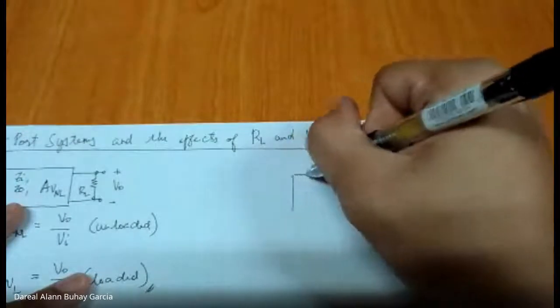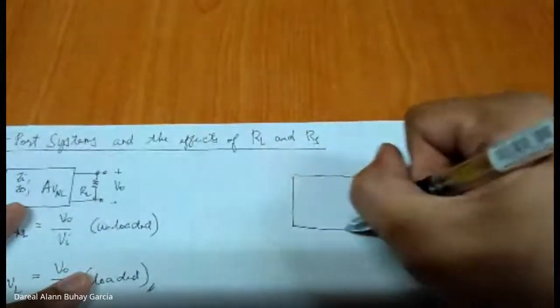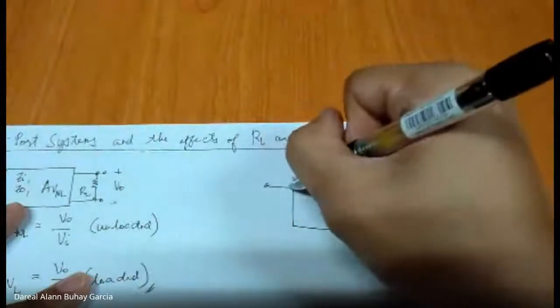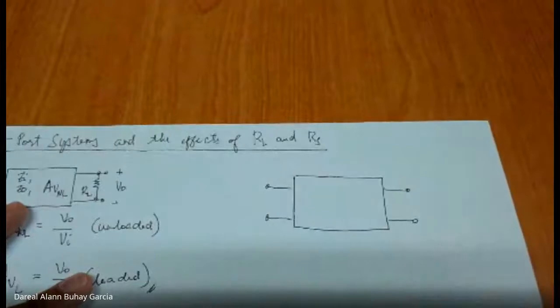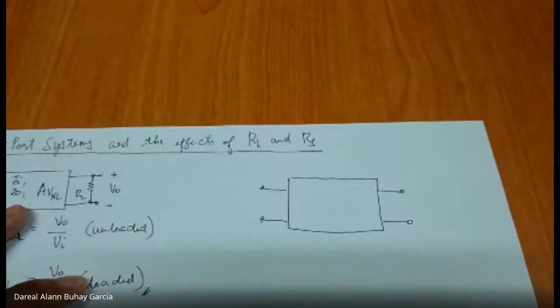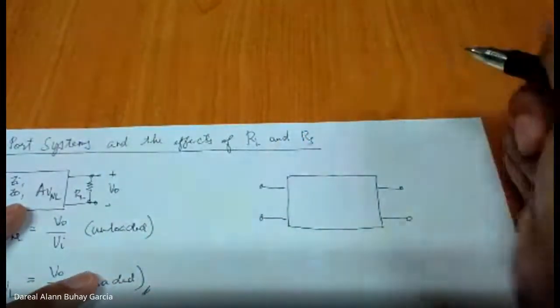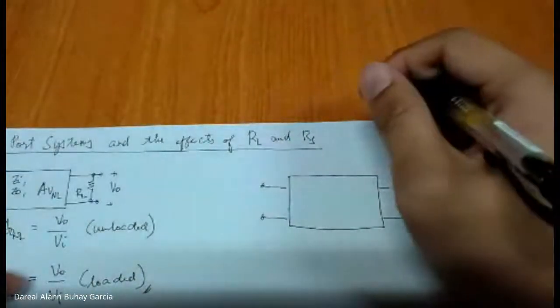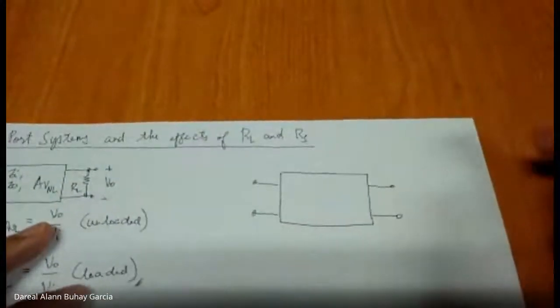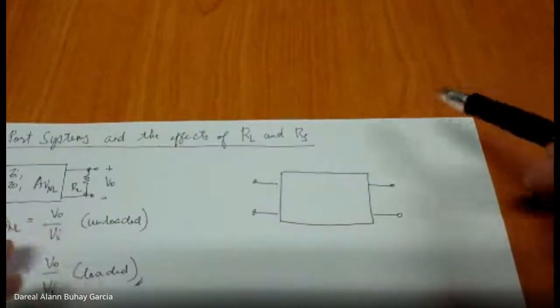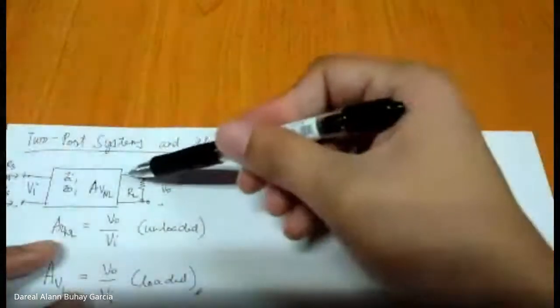We'll create a model for our two-port system for an amplifier. The book may use different notations. To avoid confusion, I'll use ZI and ZO. I think the book uses RI and RO, but let's avoid using RO since we already have an RO in the amplifier.